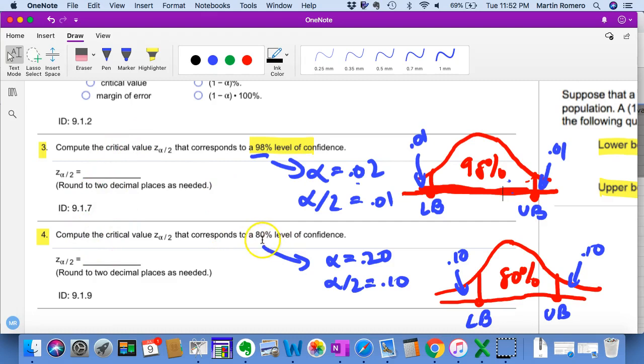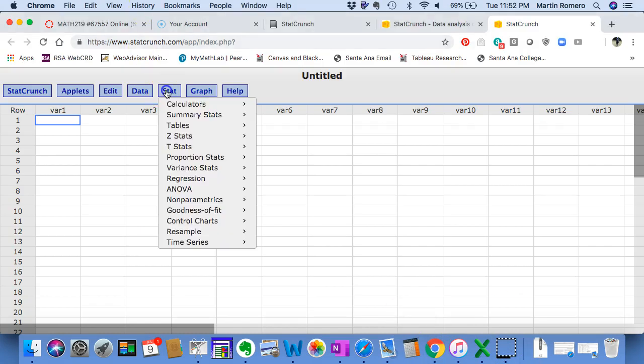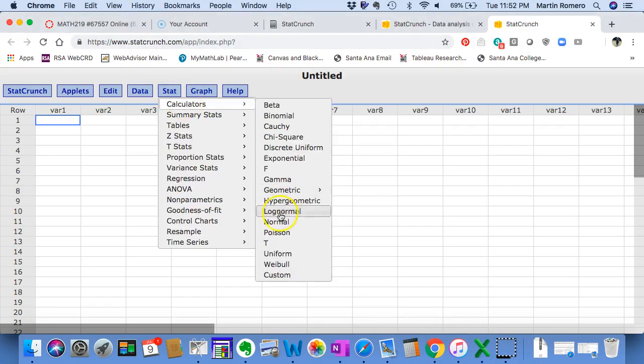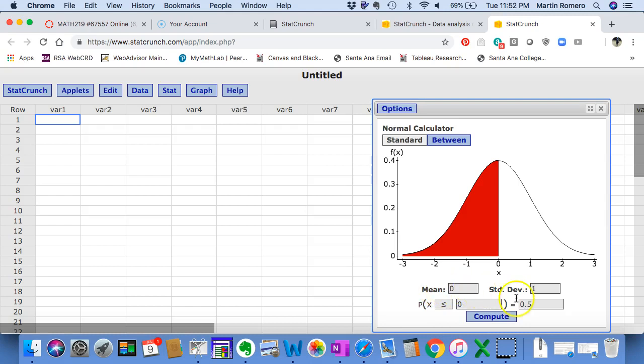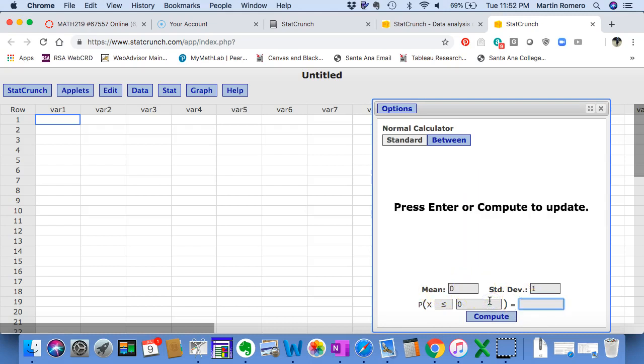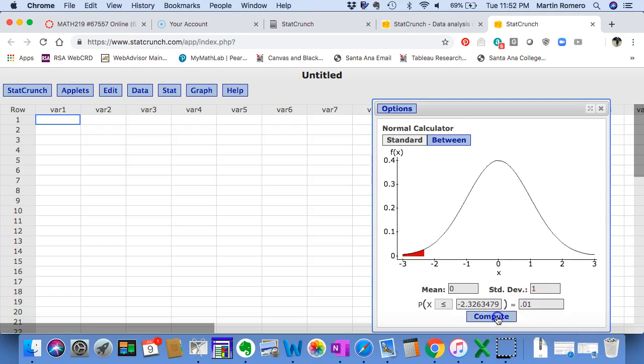This is an 80% confidence interval, so that's 0.20, or 0.10 on both sides. And so what you're going to do is go to the normal calculator, 0, 1, and then on the right side I'm going to put alpha over 2, 0.01. That's for the 98% one.